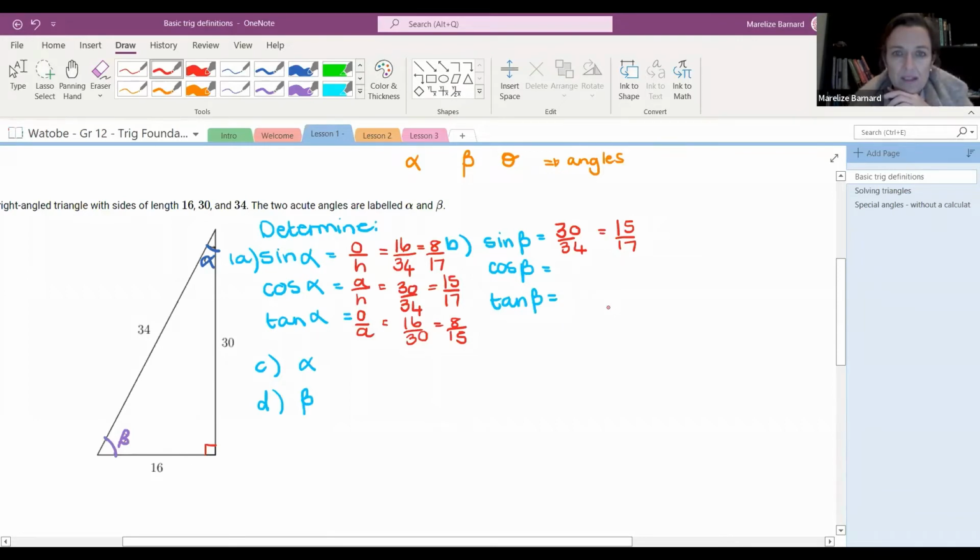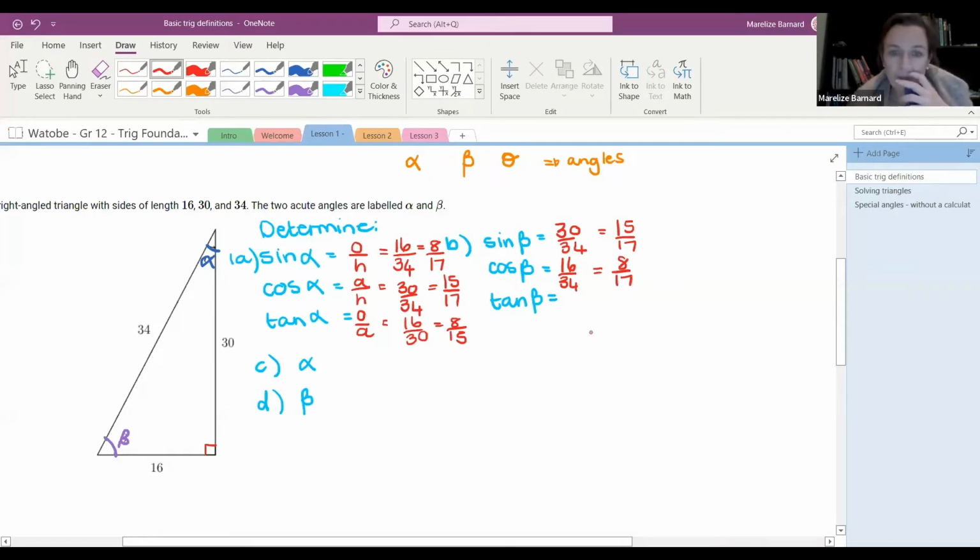Okay, cos beta, 16 over 34. I agree with that as well. So that's adjacent over hypotenuse, 16 over 34. And please simplify down to 8 over 17.